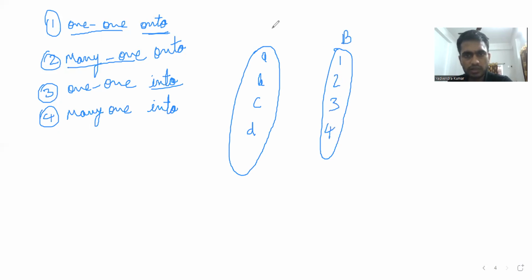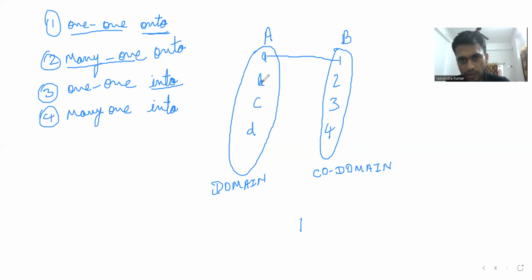So this is set A, and this is set B. Set A is the domain, and set B is the codomain. Now we can see that A goes to 1, B goes to 2, C goes to 4, and D goes to 3.